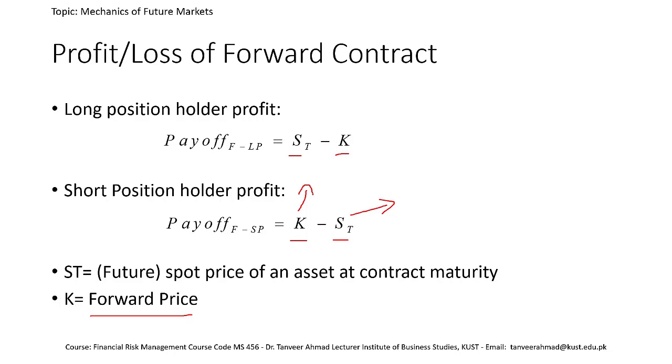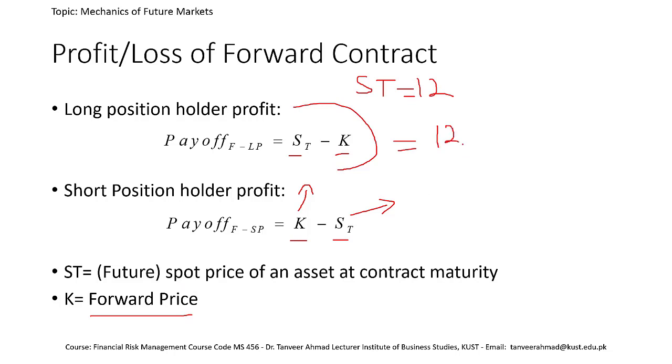So in the previous example of Best Cement and the Russian government, if we wanted to calculate the profit or loss of the Russian government when the future spot price is, say, 12, then how would we calculate it? This 12 would be ST. Why is it ST? ST stands for future spot price, the price in the market at the time of expiration of the contract.